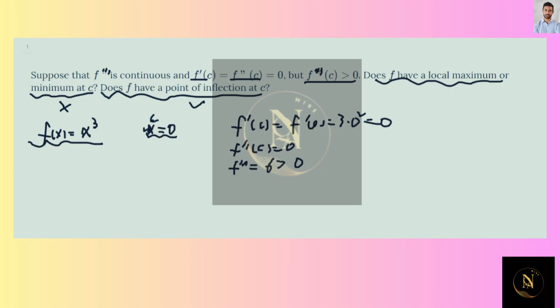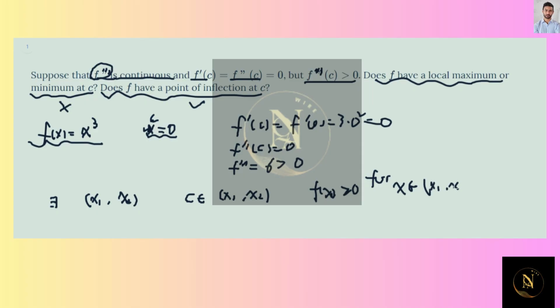The reason is, since the third derivative of f is continuous, and the third derivative at c is greater than 0, there exists an interval x1 to x2 such that c belongs to x1, x2, and f triple prime of x is greater than 0 for any x that belongs to this interval x1 to x2. So this is the third derivative.